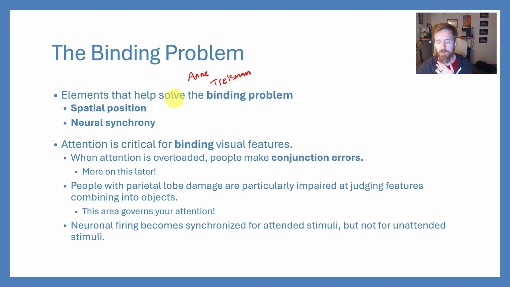And I'll tell you more about that in just a moment. But those conjunction errors tell us a lot about how we perceive the world as a bunch of independent, smaller parts instead of a unified whole.